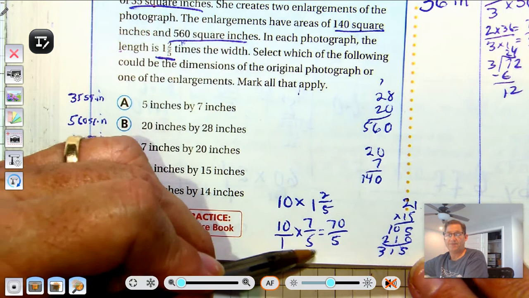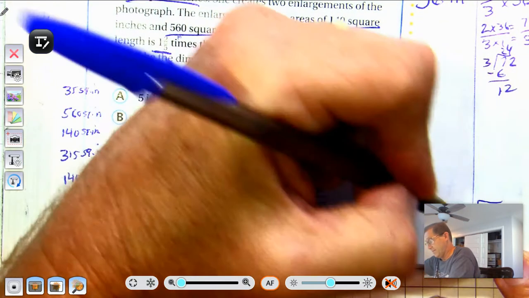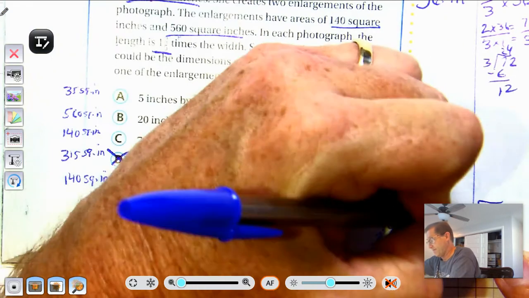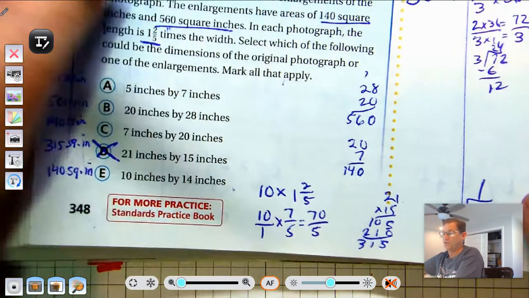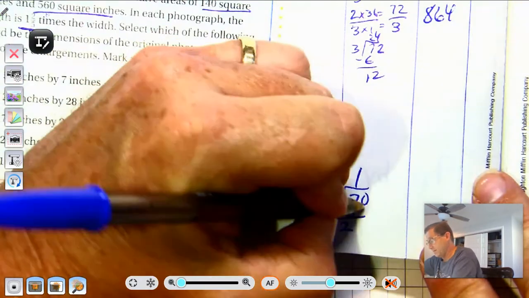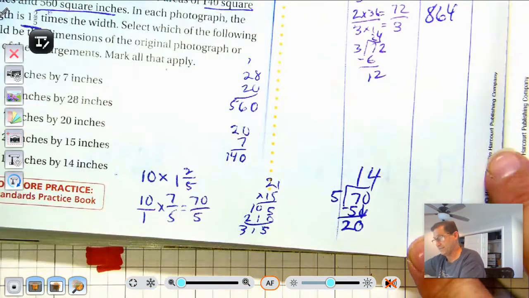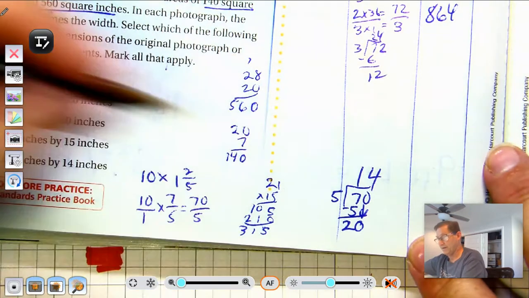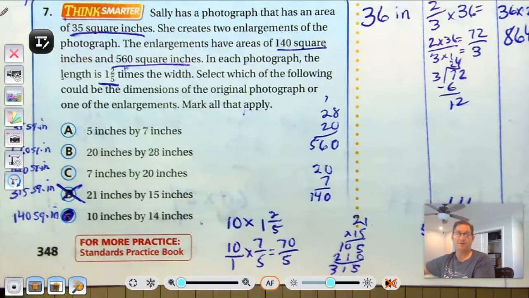So when we divide 70/5, we're hoping to get 14. So 70 divided by 5. 7 take away 5 is 2. Bring down the 0, we have 20. 20 divided by 5 is 4. So yes, we have 10 by 14. So E is a right answer.